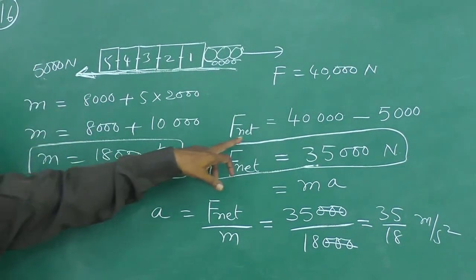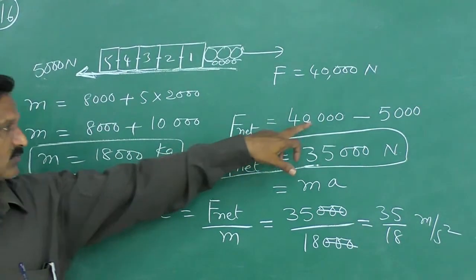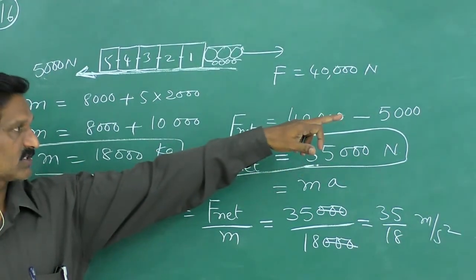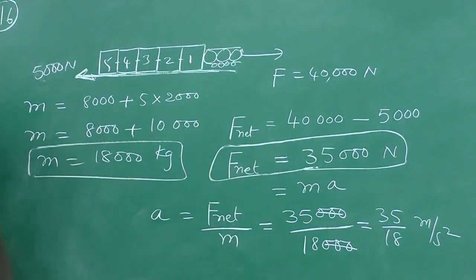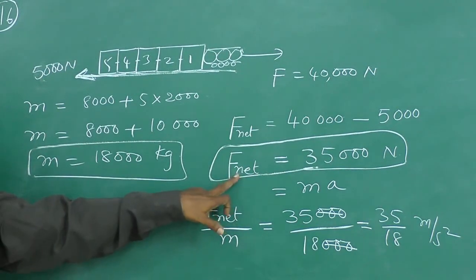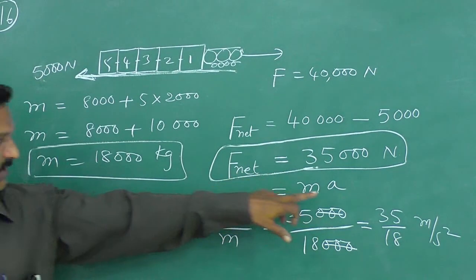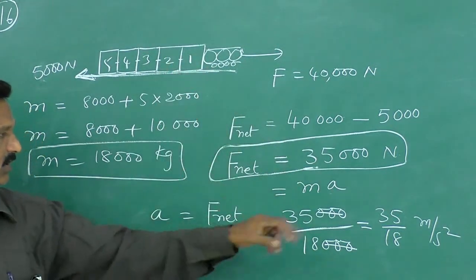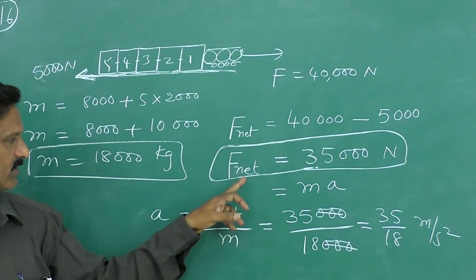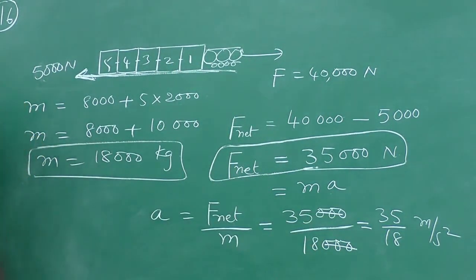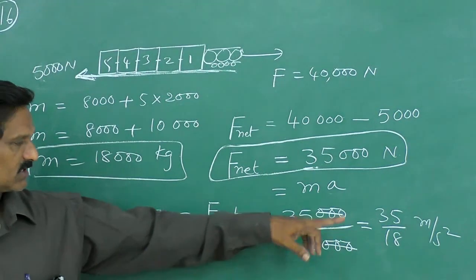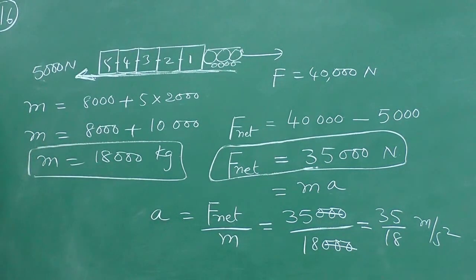Hence, the net accelerating force is the force exerted by the engine minus the frictional force, that is 35,000 Newton. So from Newton's second law, net force is equal to mass into acceleration. So acceleration is net force by total mass, that is 35,000 by 18,000, that is 35 by 18 meter per second square. This is the acceleration of the train.